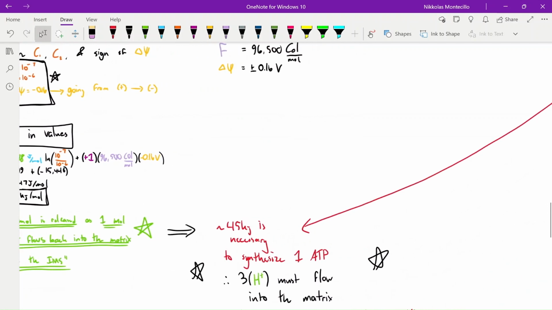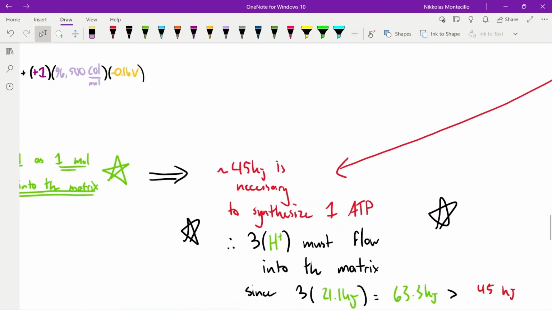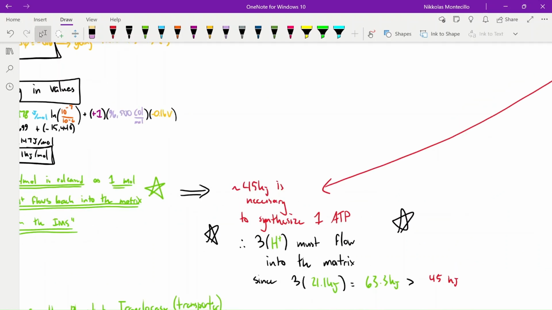So, based on the math that we've observed here, we observe that 3 hydrogen protons must flow into the matrix, since 3 times 21.1 kilojoules per mole is 63.3 kilojoules per mole, which is greater than 45 kilojoules.